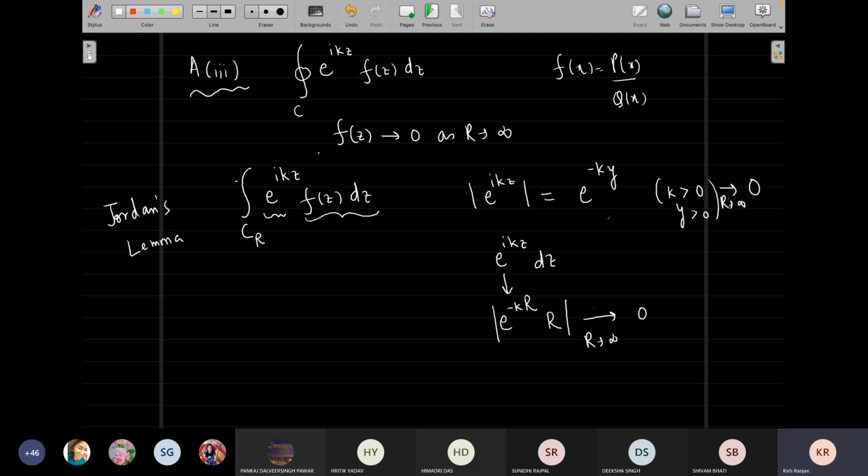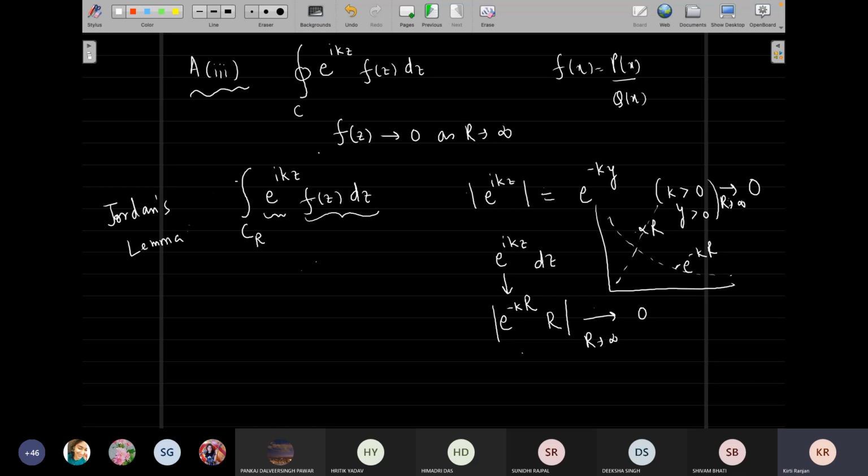So one we are talking about the die out and another we are talking about a linear growth. Since e^{ikz} takes care of my dz, all I need to think about is whether my f(z) goes to 0 as r tends to infinity.